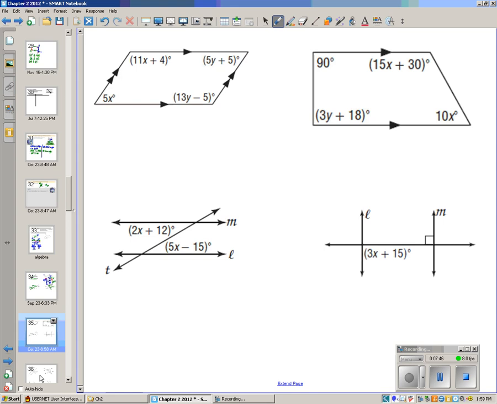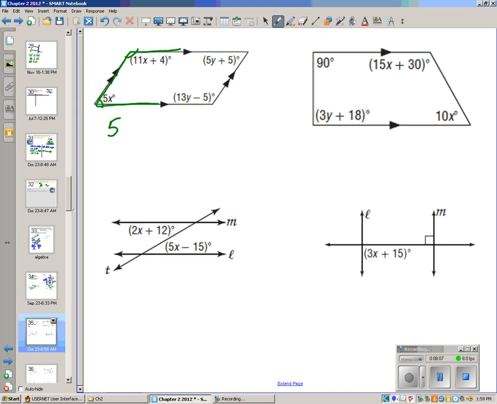So this one, you can't combine x's and y's, right? This one has an x in it and this one has an x in it. So how can we relate those two things together? They're both x's. They make a C. They are co-interior. Okay, so they are supplementary.